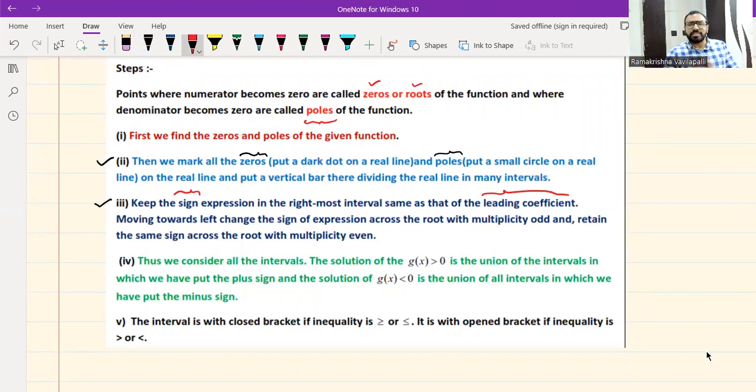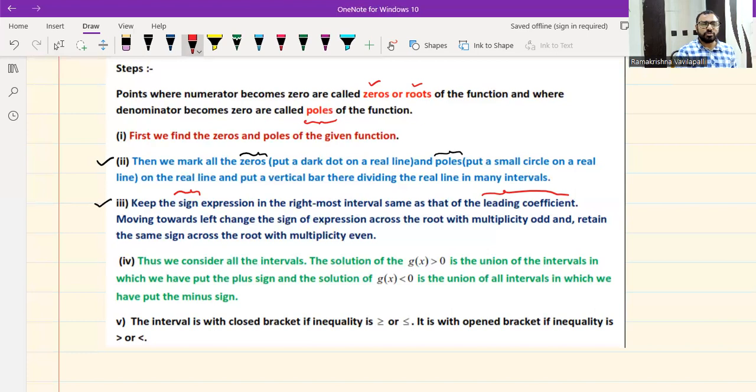If it is negative, keep the rightmost negative. So to remove this confusion, always try to maintain that the coefficient of x in each factor is positive, and always keep a positive sign in the rightmost of the given real line.